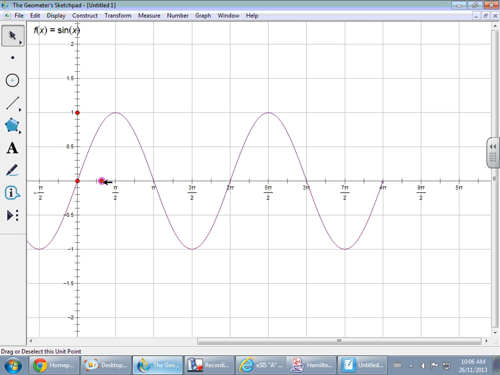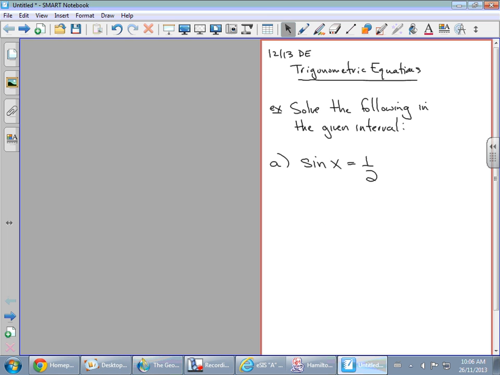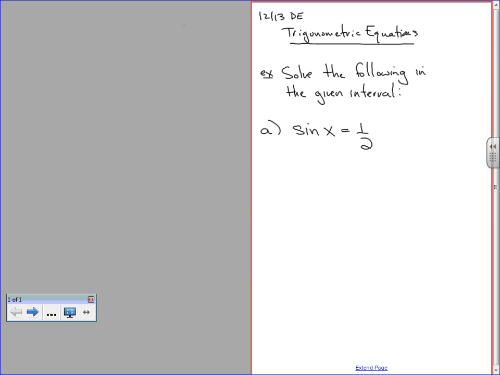So when you're solving trigonometric equations, unless they want the answer in general, they're going to give you an interval in which they want your answer. So we're going to solve when the sine of x is equal to 1/2 in the interval between 0 and 2pi.